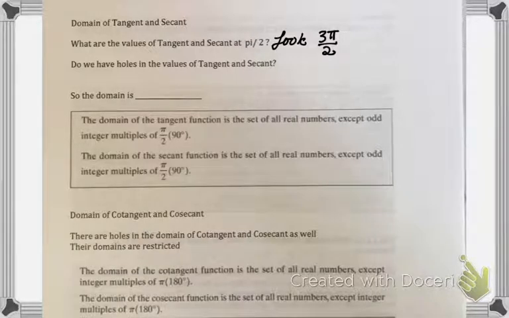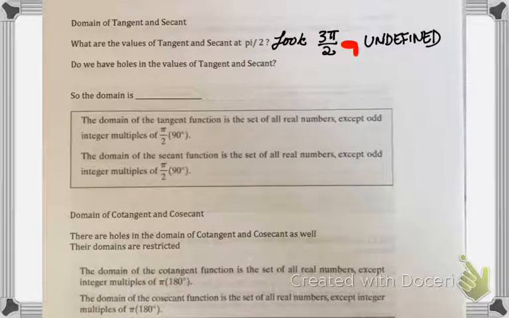If you look at the values of tangent, by the way, remember that's sine over cosine or y over x, and secant, which is 1 over cosine, you're going to see that at pi over 2 and 3 pi over 2, those values are undefined.